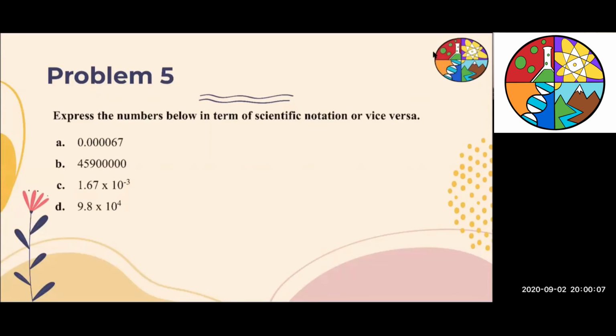Maribel, can you tell me what you got? Is it 6.7 times 10 to the 5th power? But I didn't know if it was a negative or a positive. So remember, to the right is negative, to the left is positive.